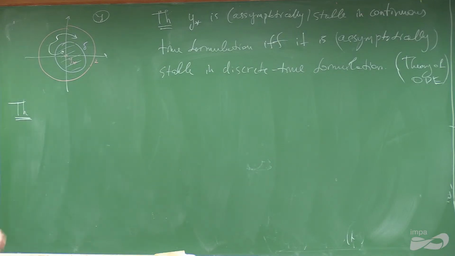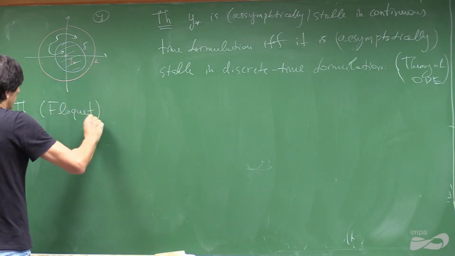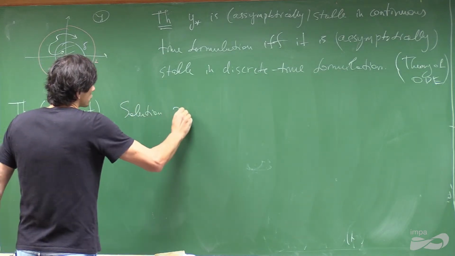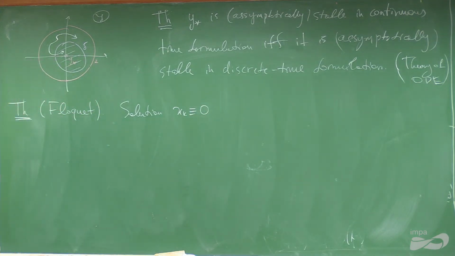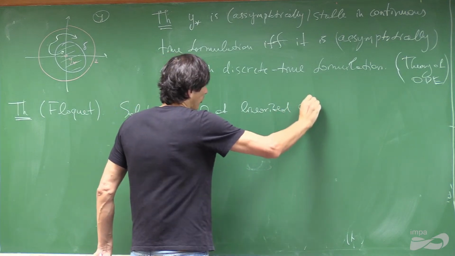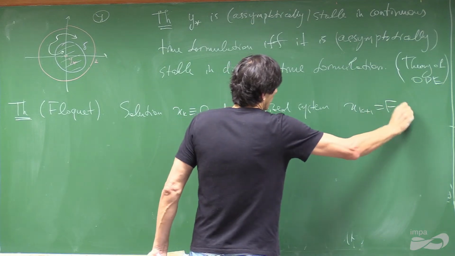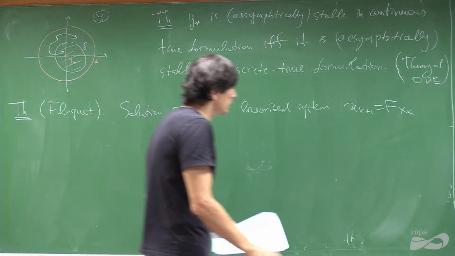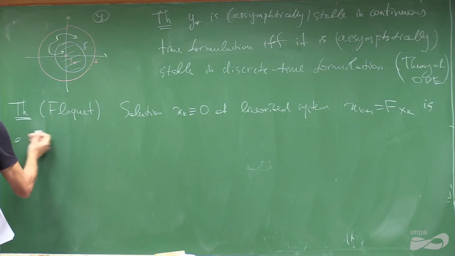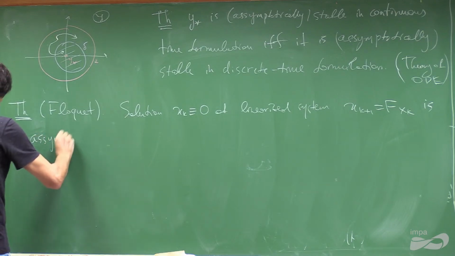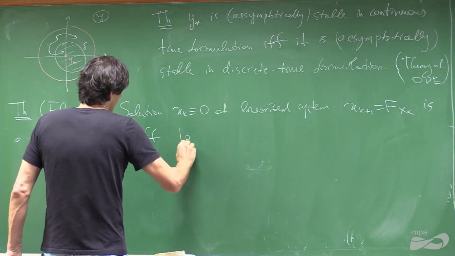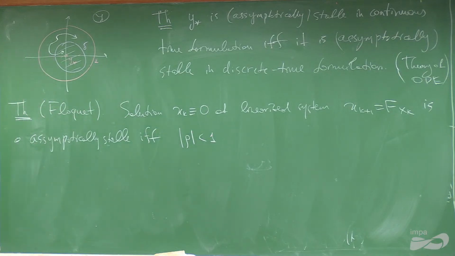The next theorem, by Floquet, tells you that the trivial solution, which is just 0 for all k, of the linearized system is, and now there are three conditions, asymptotically stable if and only if all eigenvalues have absolute value smaller than 1.